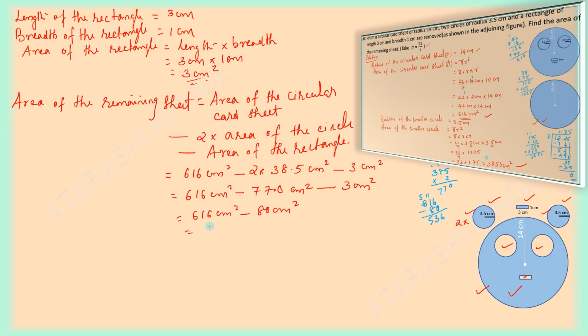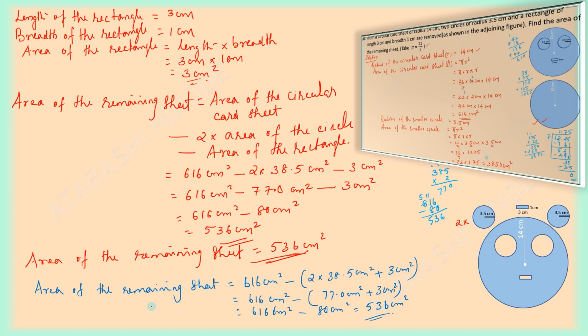That is equal to 536 centimeters square. Therefore, we can write area of the remaining sheet equal to 536 centimeters square.